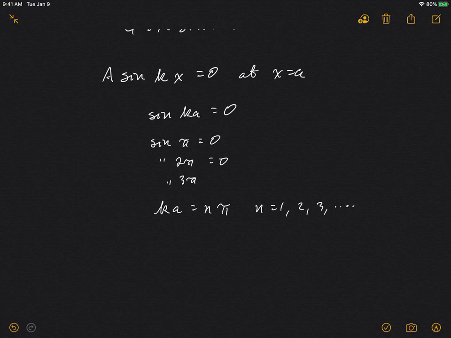Okay, and I'm not including n equals 0 as a possibility. That works, that makes sure that your wave function vanishes at the edge of the box. But it also would make the wave function vanish everywhere. If n is equal to 0, then k would have to be equal to 0.